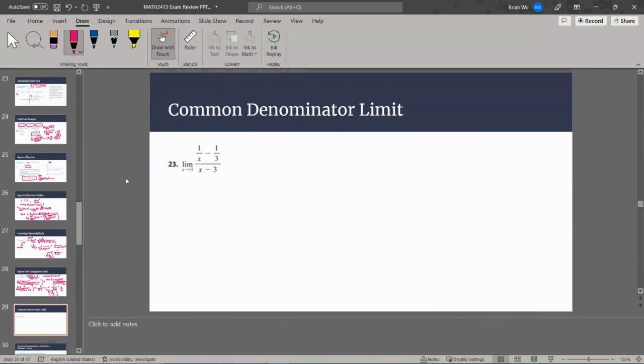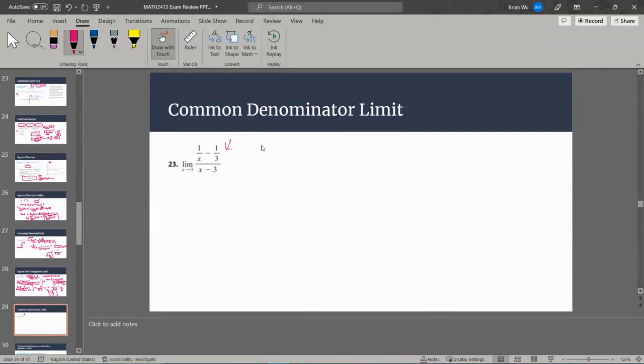So another one that you'll commonly see is where you have a fraction as the numerator divided by some polynomial. In this case, you shouldn't have to try to factor anything. You want to try making this numerator into a singular fraction, combining them so they have a common denominator.